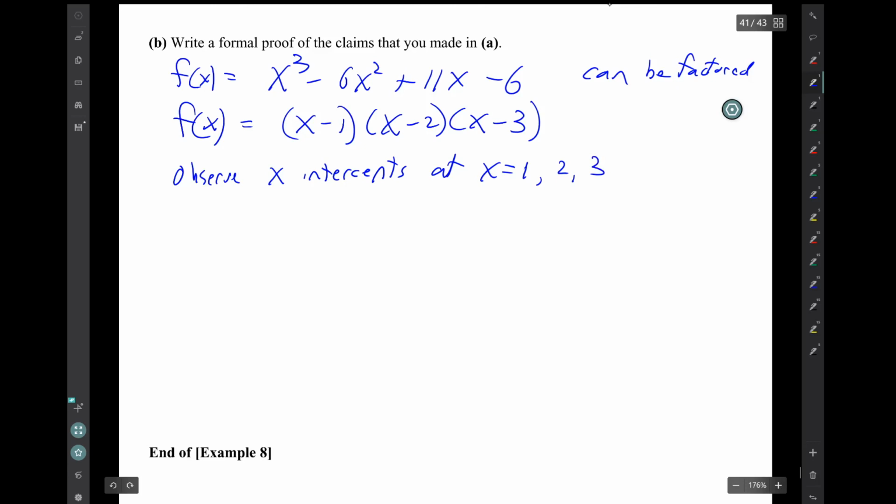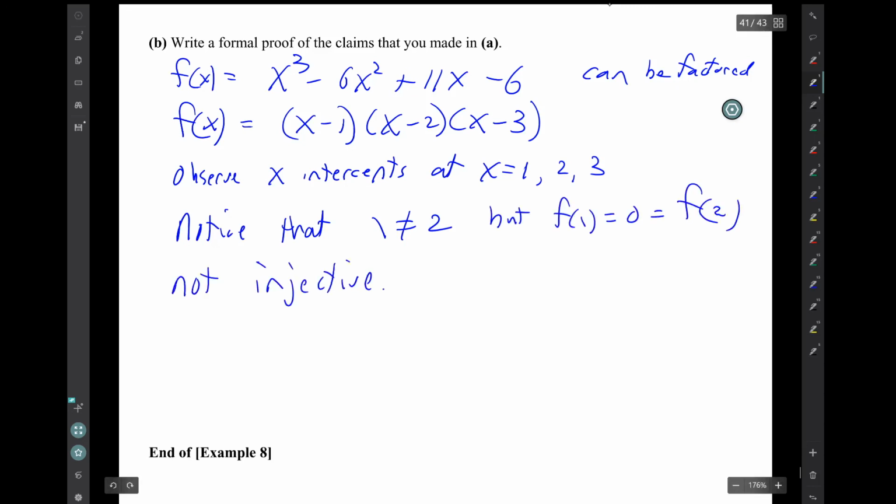So we can just pick two of those. So notice that x equals 1 is not the same as x equals 2, but f of 1 equals f of 2. So not injective.